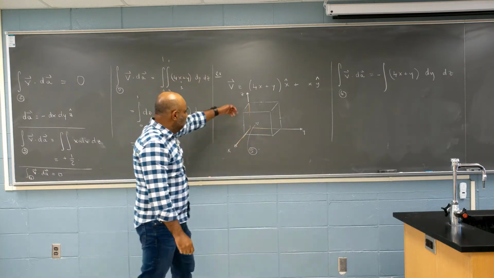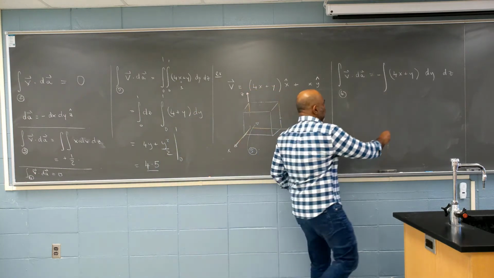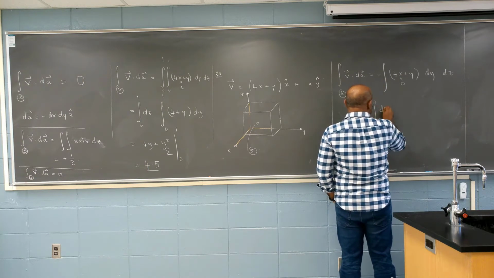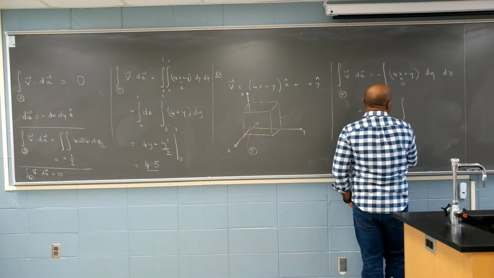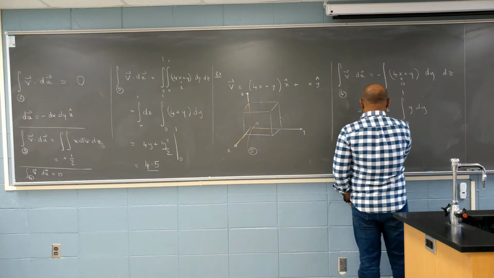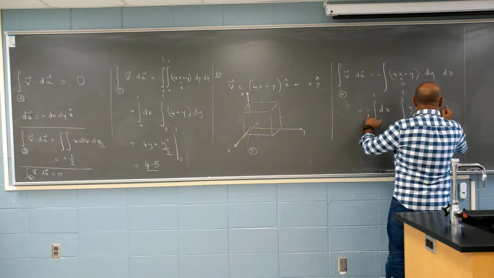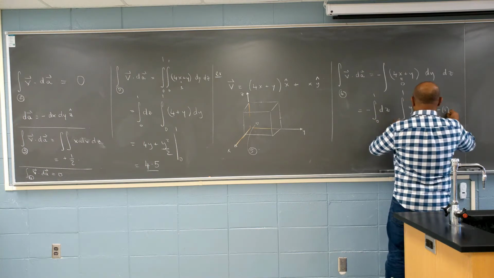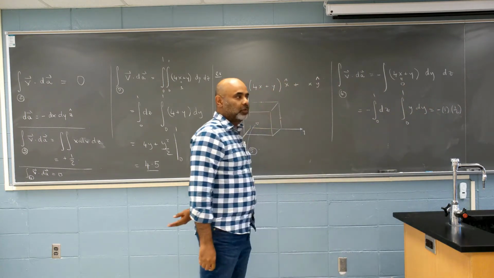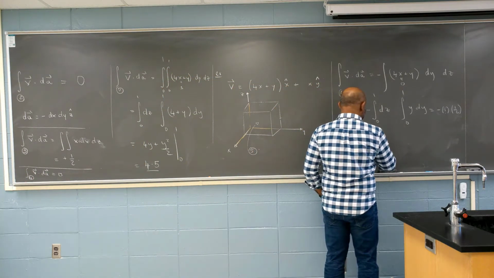On the back surface? On the zy plane? 0. I'm going to bring the dz, and then I'll have y dy 0 to 1, 0 to 1. So that's just minus, this is going to give me 1/2, because the integral of y is y squared over 2, when it goes from 0 to 1, it's just 1/2, and I get minus 1/2.